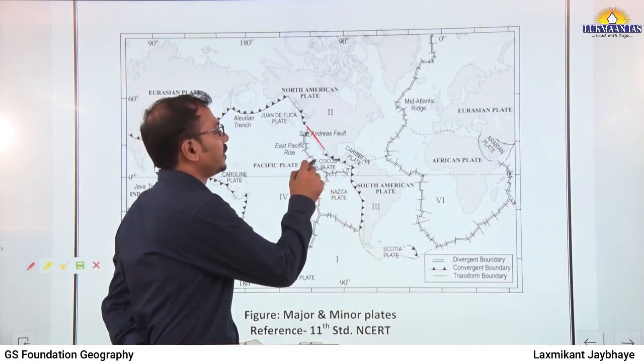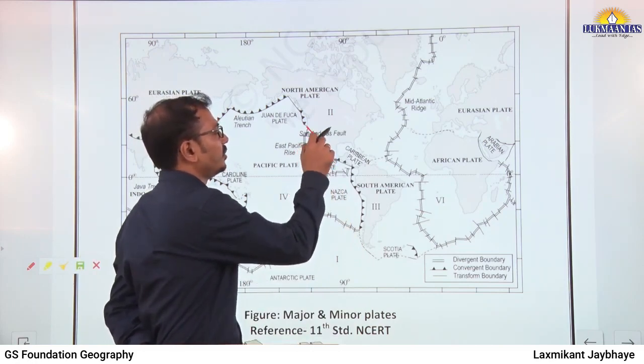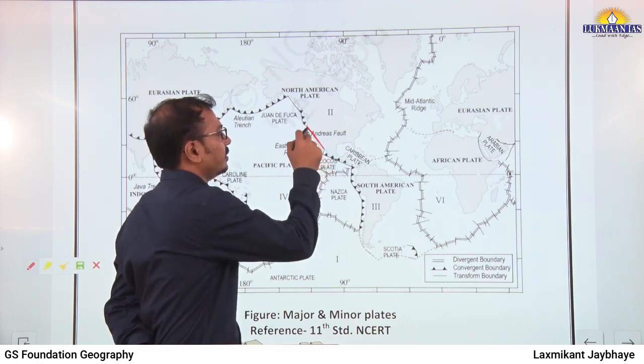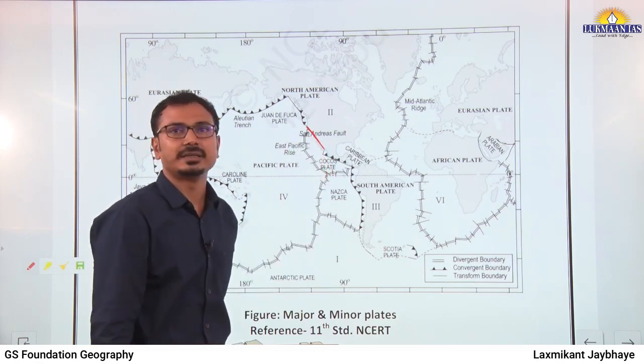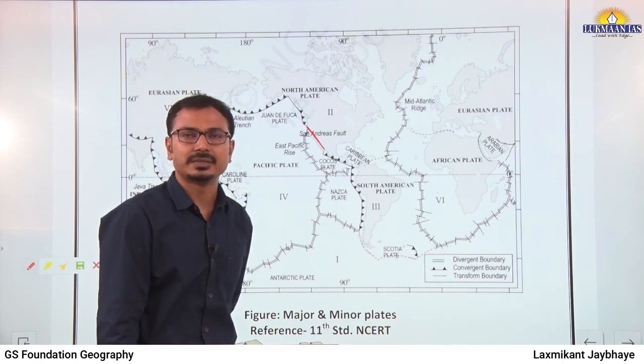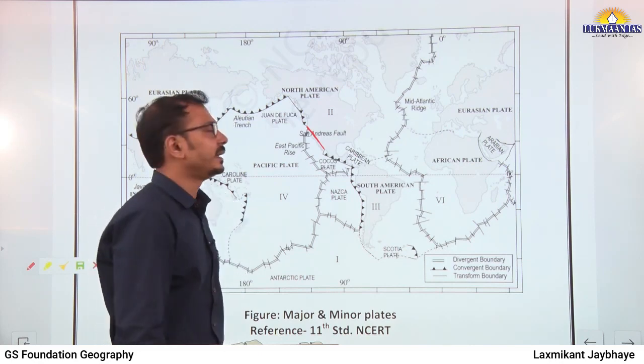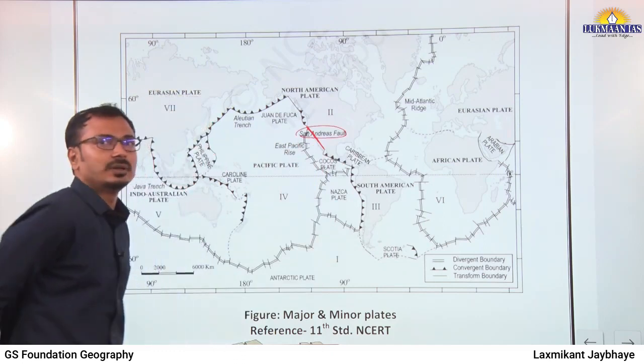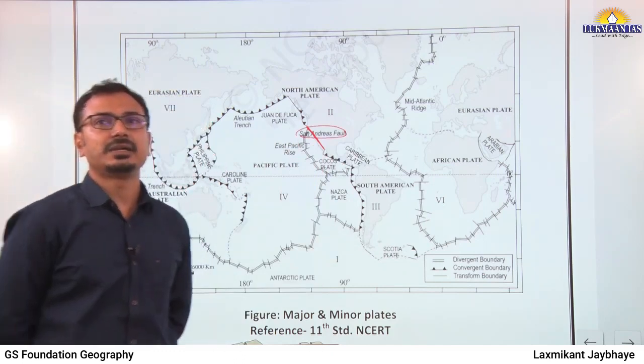Between the Cocos Plate and the North American Plate near California, the transform boundary is there, and it has created the San Andreas Fault. There was a Hollywood movie also, San Andreas. Do you know about this?